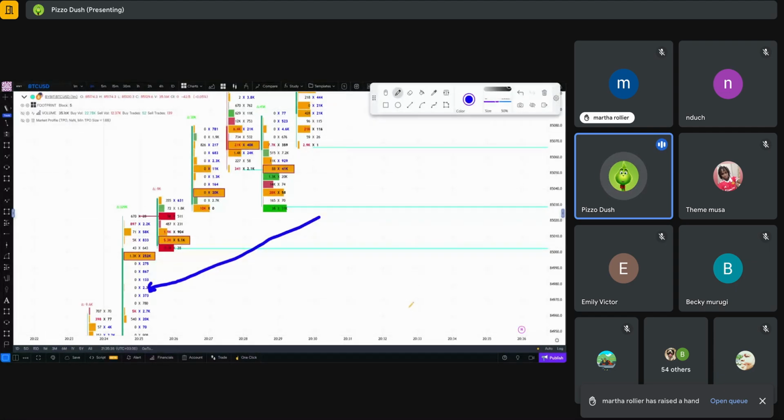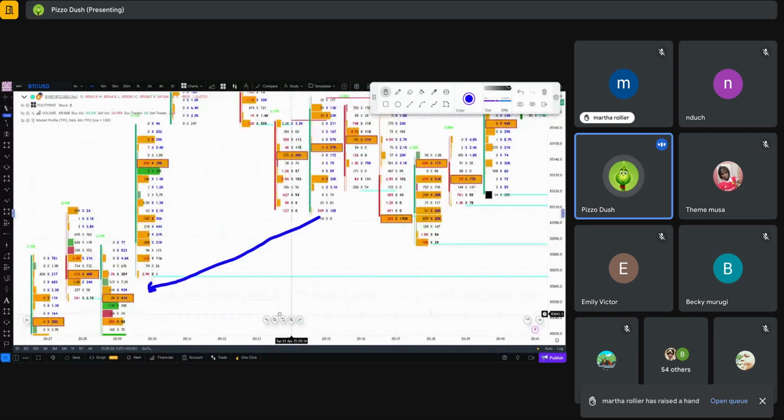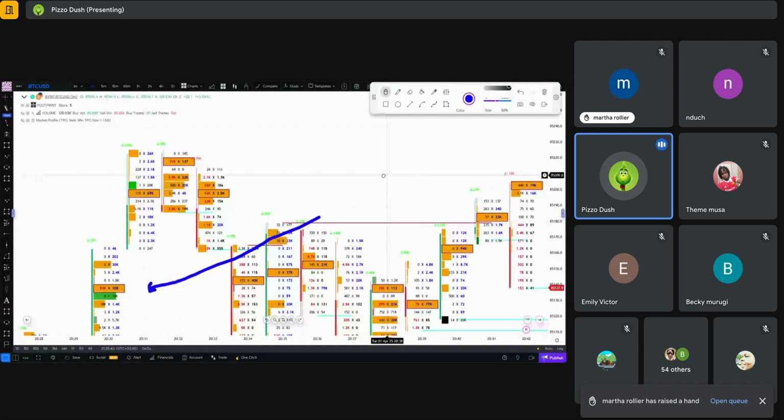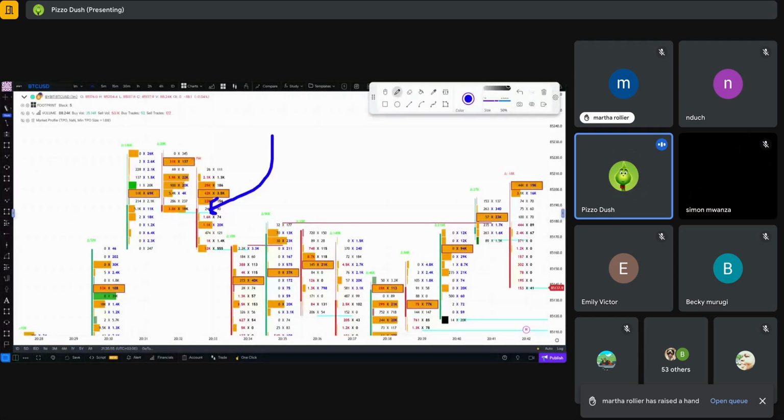Anytime you see a lot of volume on the left side, on the bid side, it means there are aggressive sellers. Anytime you see a lot of volume from this seller side, it means there are aggressive sellers. Okay.